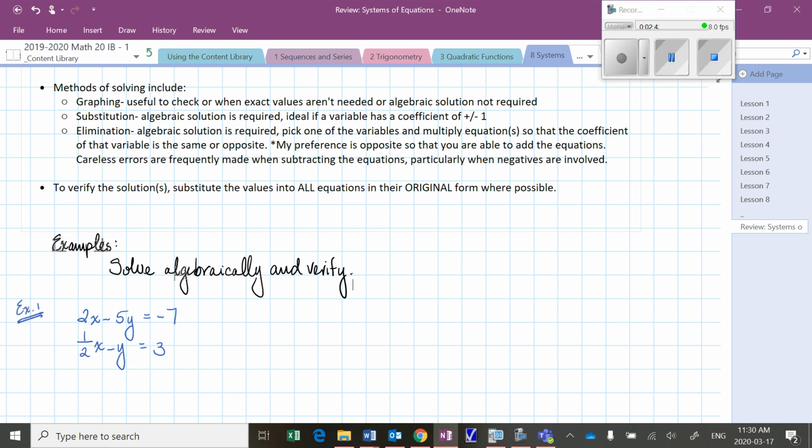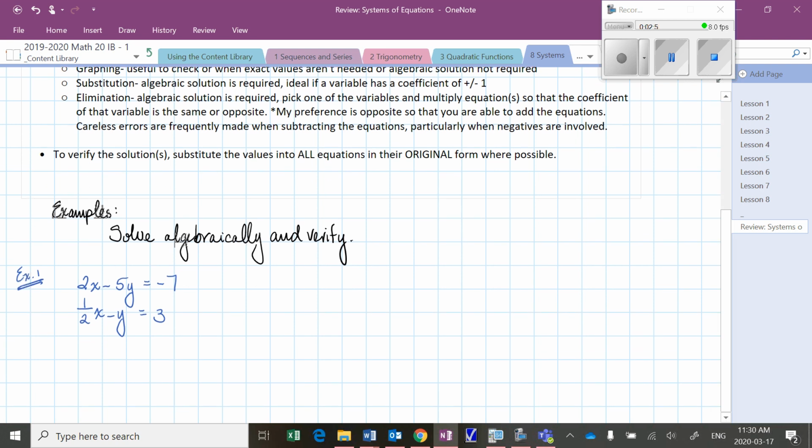So if we don't have a coefficient of plus or minus 1, then elimination is going to be our algebraic method of choice. You're going to pick one of the variables and then multiply one or both equations so the coefficient of that variable is either the same or opposite.